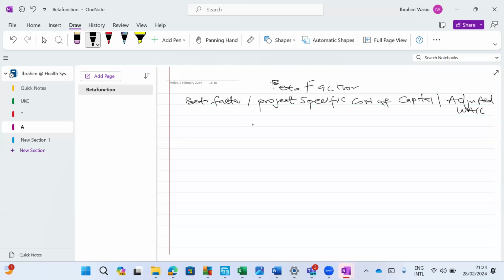Okay, so let's look at the purpose of learning this for the exam's sake.